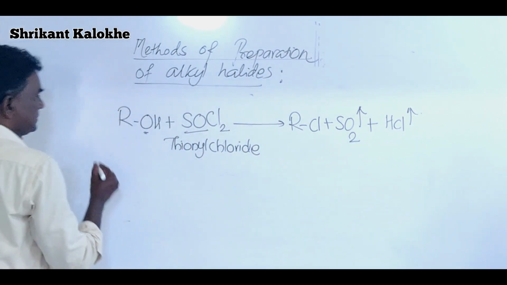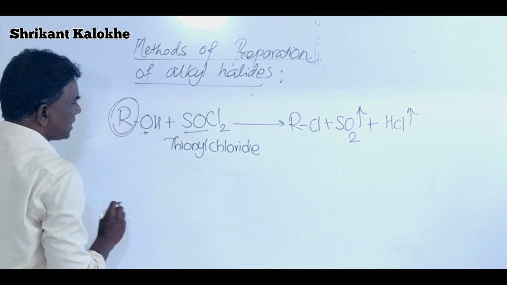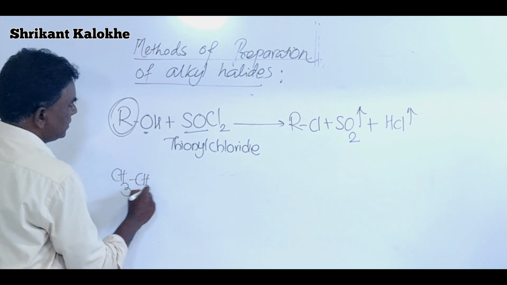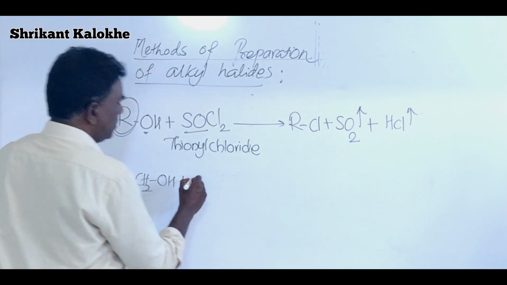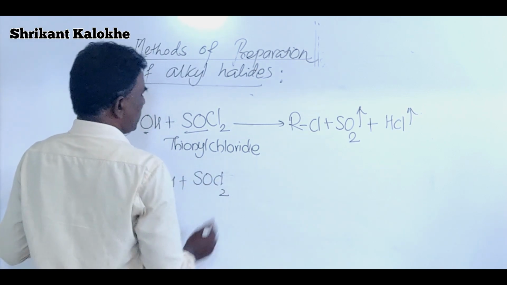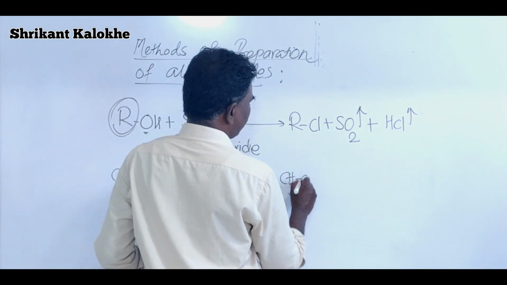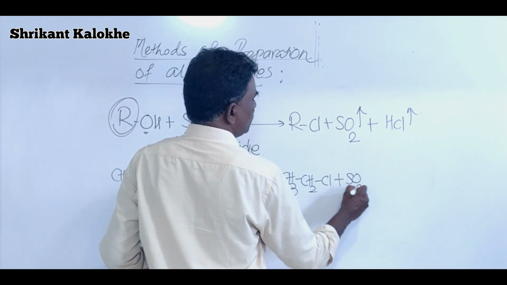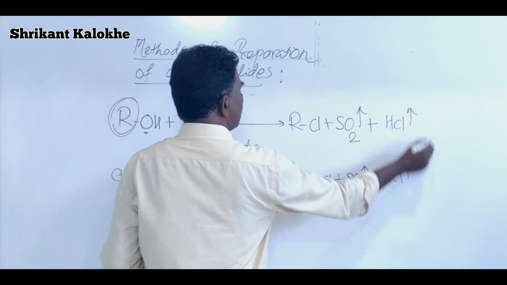We will apply this, changing the R group, and we can write it in this way: CH3CH2OH. When ethyl alcohol reacts with thionyl chloride, it gives ethyl chloride plus evolution of SO2 gas and hydrogen chloride gas.